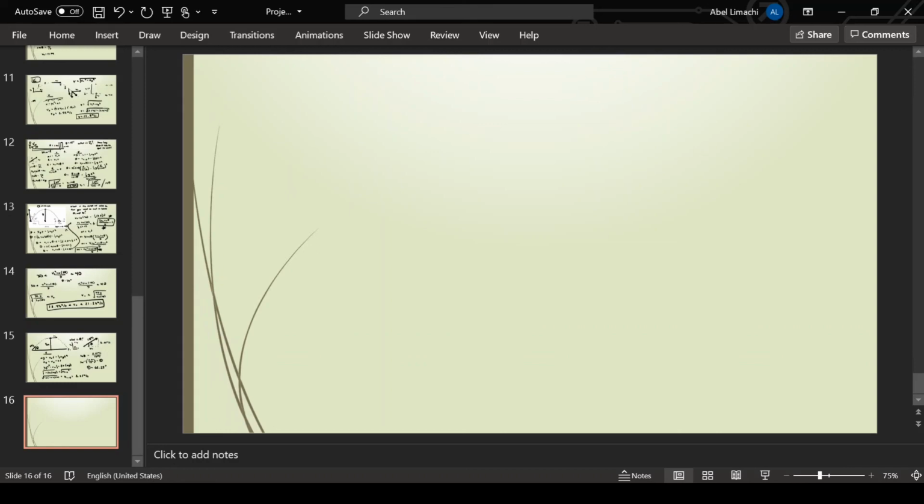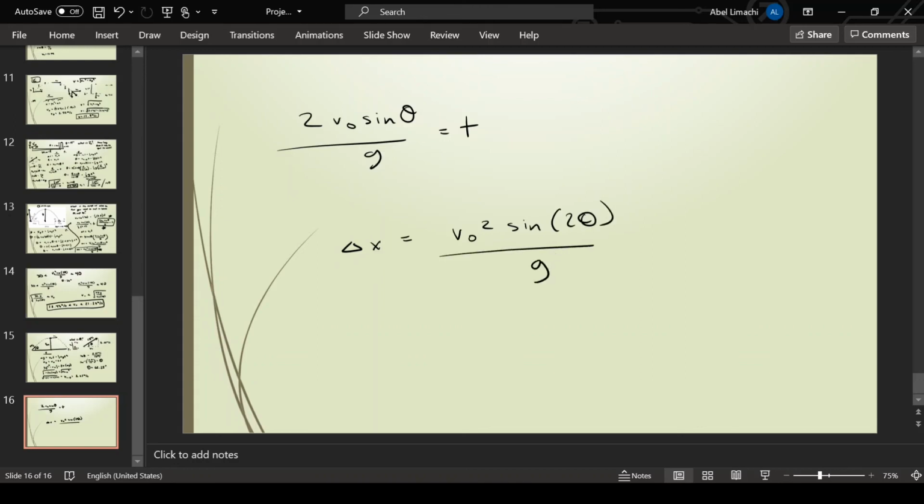But I want to rewrite for you guys these two equations. V initial sine theta over g is equal to t. Delta x is equal to V initial squared sine 2 theta over g.